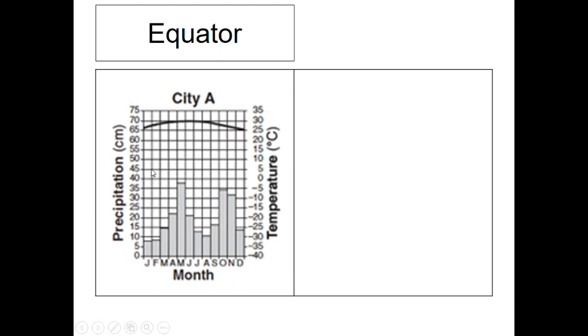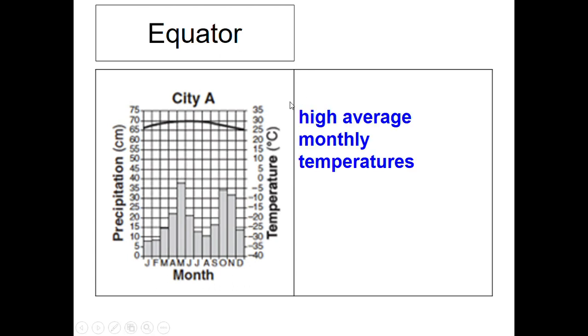Now, if you look carefully at this climograph, which again is just a graph showing temperature and precipitation in City A. In this case, City A is in fact the equator. Now, what information is present on this graph that would make somebody think that you are at or near the equator? Well, first off, the temperature is high all year long. Now, this says 25 to 30 degrees, but recognize that's in Celsius, so that's actually quite warm.